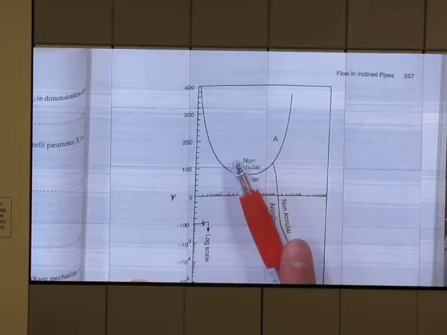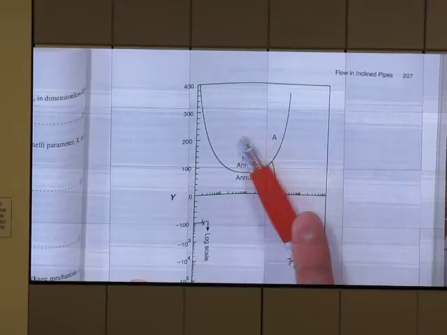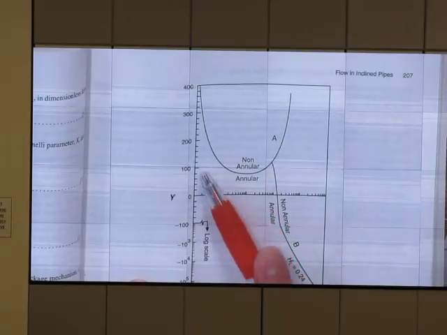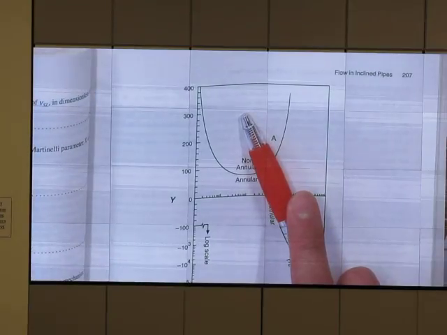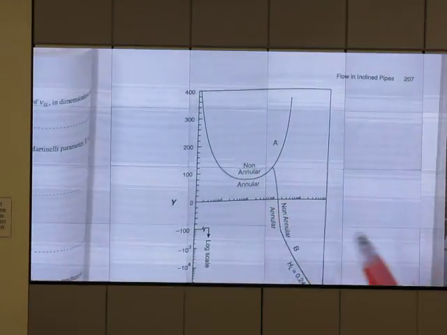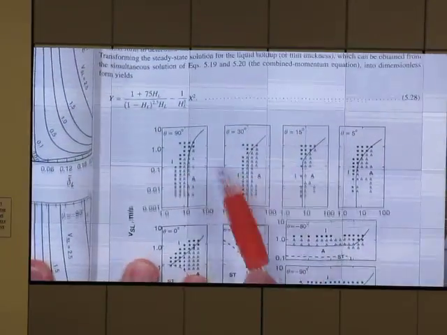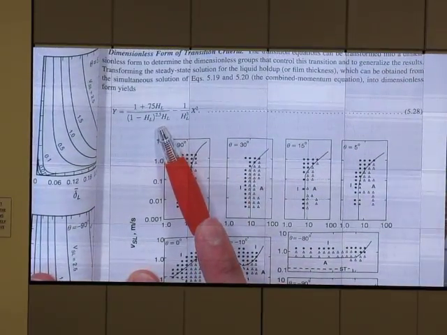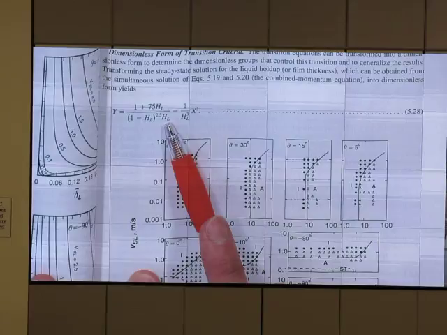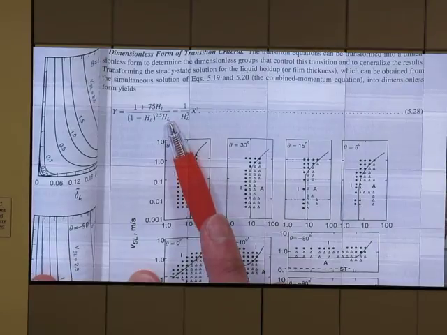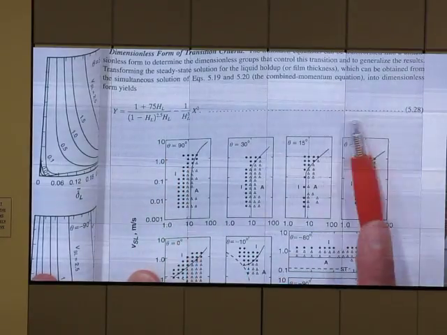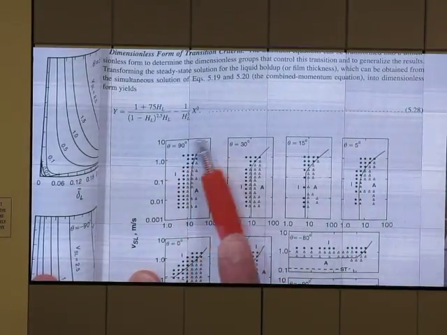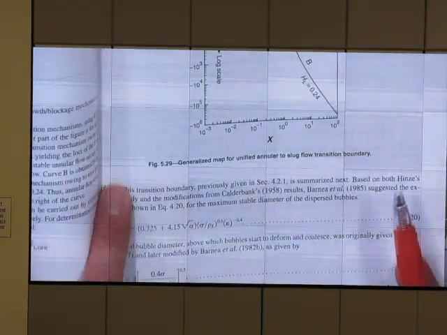So this tells us that this part is not annular. The rest is annular, but this is based on the naturally unstable condition when the film falls back. Okay. If we solve the combined momentum equation, substitute for HL tilde equal to 0.24 into equation 5.28, which is the dimensionless form of the combined momentum equation, we get this line.